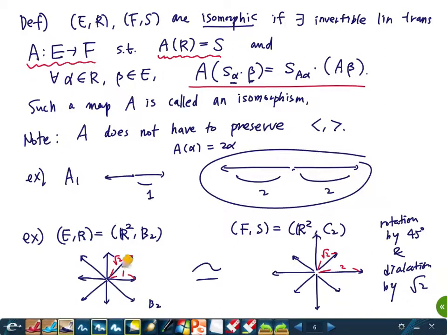If you rotate this by 45 degrees, and then dilate every vector by a factor of square root of 2, then this becomes 2 and this becomes square root of 2, so it gives us an isomorphism between these two. So basically, you can think of two isomorphic root systems as having exactly the same shape, up to constant multiplication.